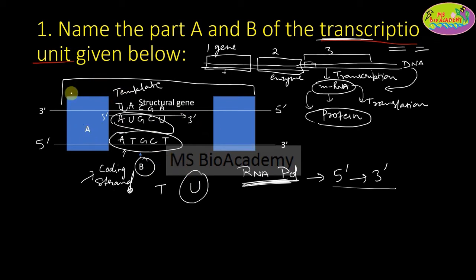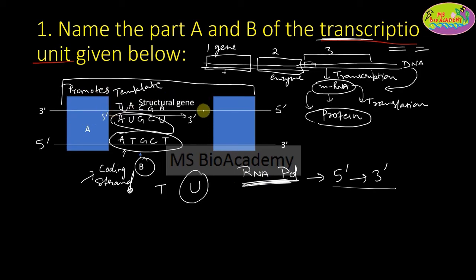And what are those? The first one, the foremost region where this RNA polymerase will come and bind, because how does RNA polymerase know where it has to bind and where it has to start the transcription process? So there might be some specific region in the transcription unit. That region is called a promoter. All right, so this is the promoter region where this RNA polymerase is going to bind.